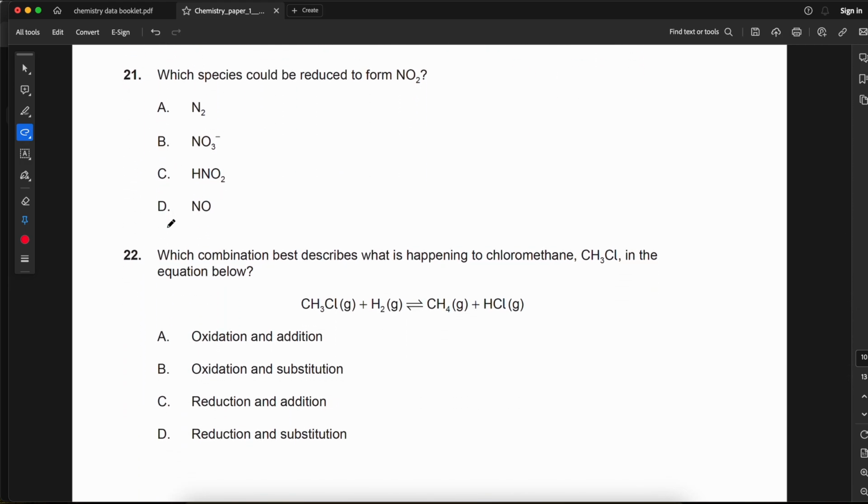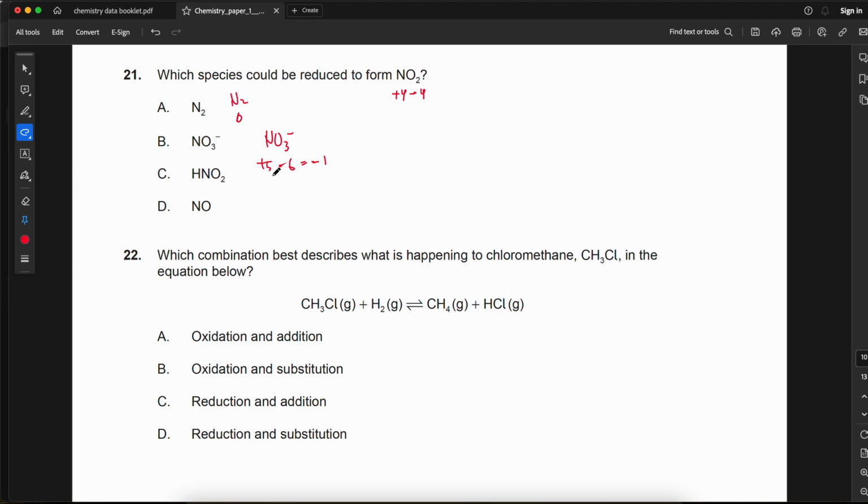Which species could be reduced to form NO2? If we check the oxidation state, NO2 has O as -2 times 2, which is -4, so N is +4. N2 is 0, so that would be oxidation. For NO3 minus, O is -6, so to equal -1, N should be +5.